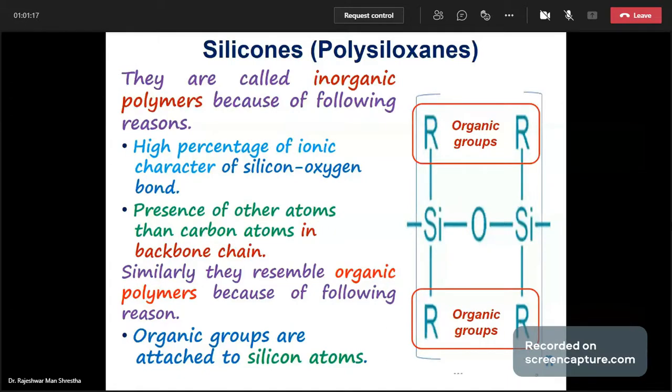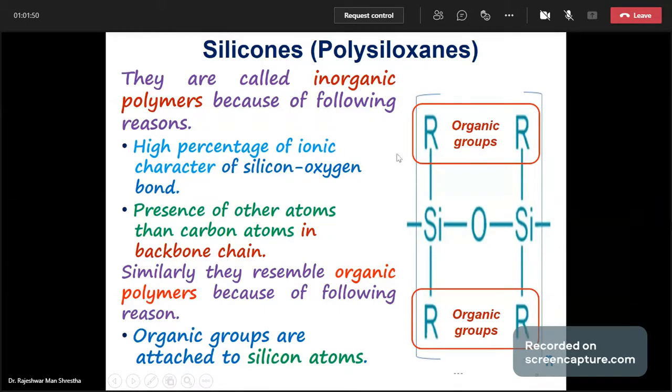Number one, the high percentage of ionic character of the silicon-oxygen bond. Number two, the presence of atoms other than carbon in the backbone chain; not only carbons are there. Because of these two reasons we can call them inorganic polymers. But they can be called organic polymers because organic groups are attached to silicon.